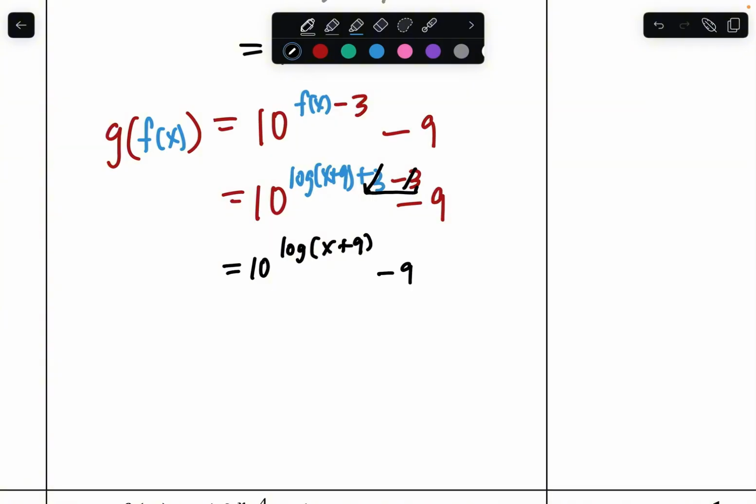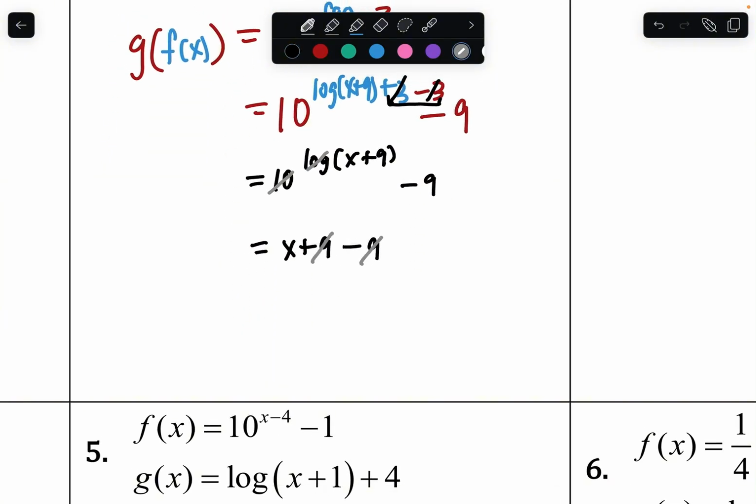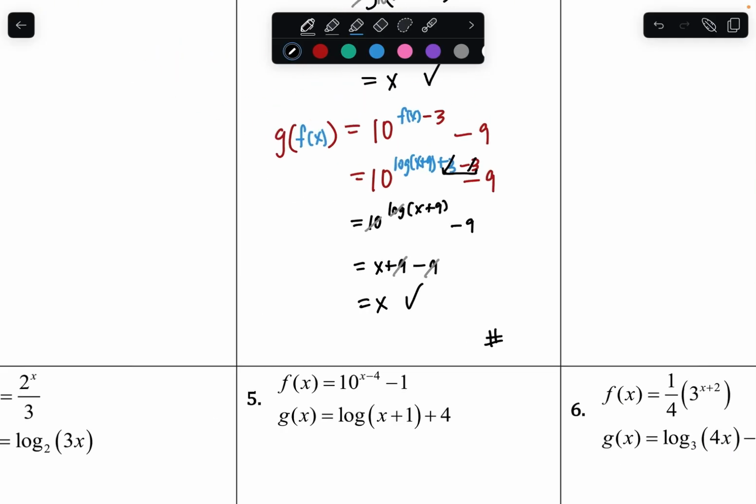Next, we have an exponential base 10 with a log base 10, which frees up that x plus 9. And lastly, the 9's can cancel. Okay, and so we get x going both directions.